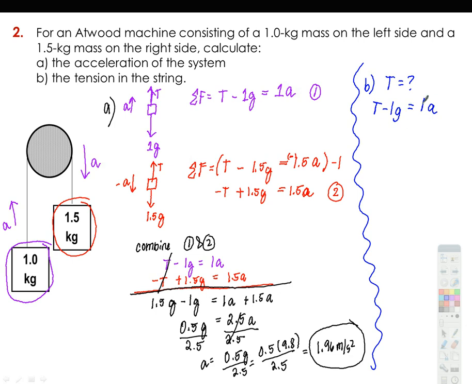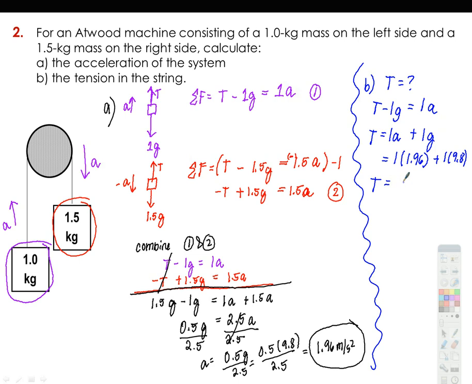Okay, so rearranging the equation, T would be equivalent to 1a plus 1g. 1a, it's our a that we calculated, is 1.96, plus 1 times 9.8, our acceleration due to gravity is 9.8, and then just solve everything.